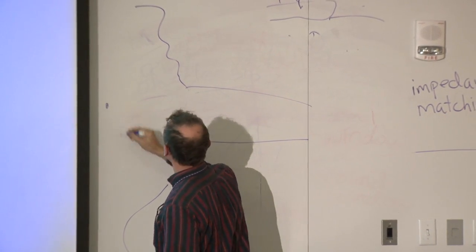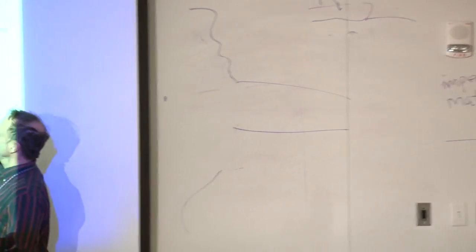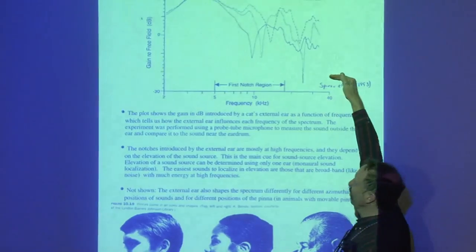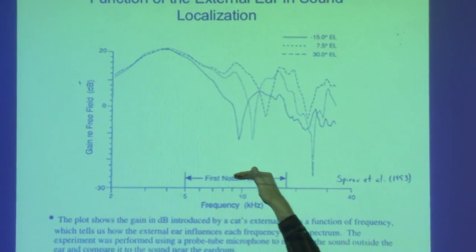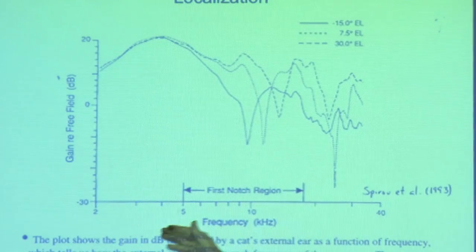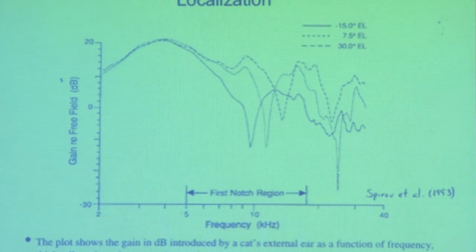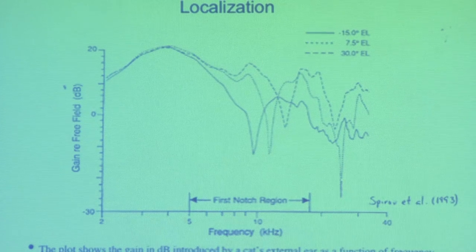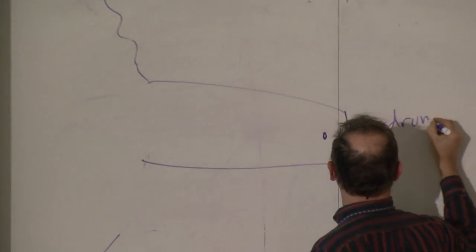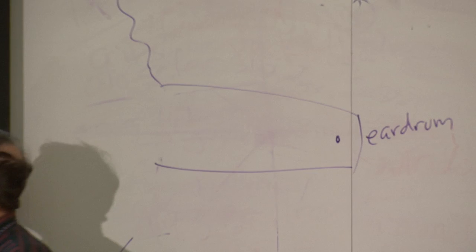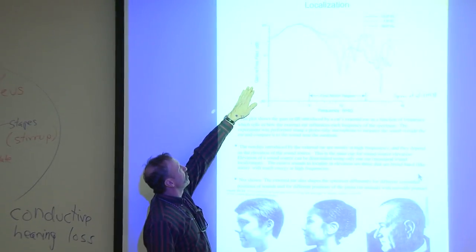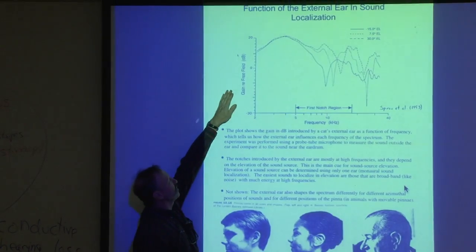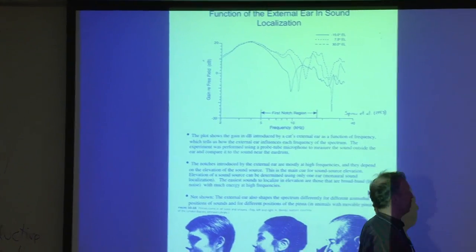Put the microphone out here and start out with a completely flat spectrum, broadband noise. The noise is absolutely flat so that it has equal energy at all the frequencies. Okay, you measure it out there, and then you move your microphone down here in the ear canal, maybe near the eardrum, and measure the spectrum again. And so this is plotted in terms of gain with respect to free field. Free field is out here.